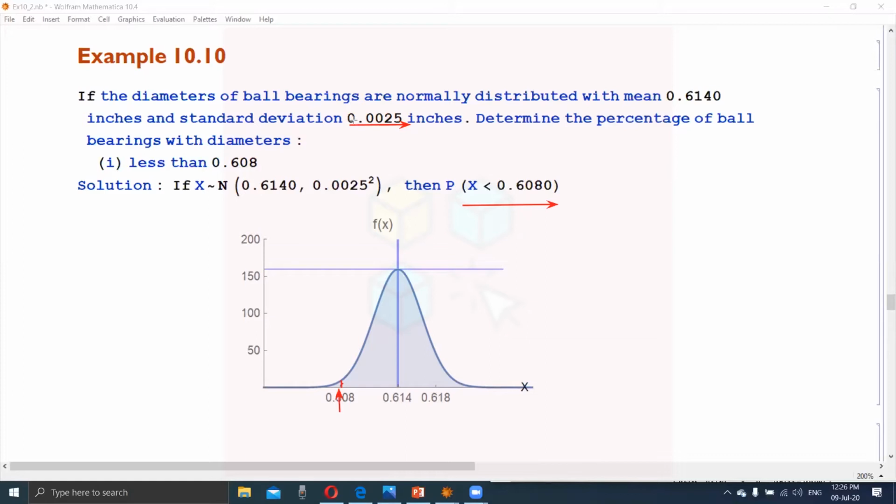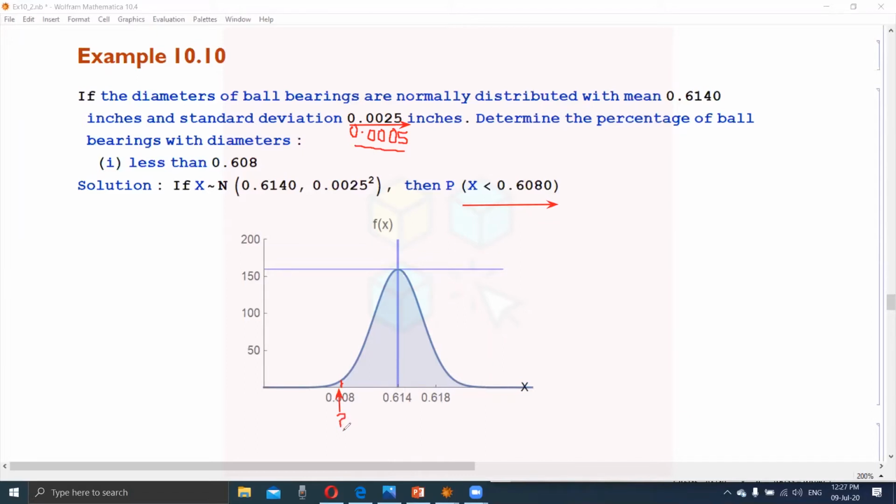Since the standard deviation is given up to 4 decimal places, correspondingly the continuity correction is 0.0005. This is our continuity correction up to 4 decimal places, and it is added or subtracted according to the requirement.